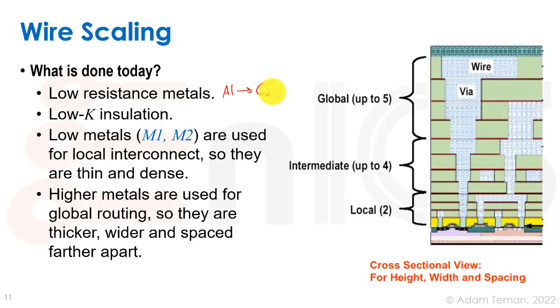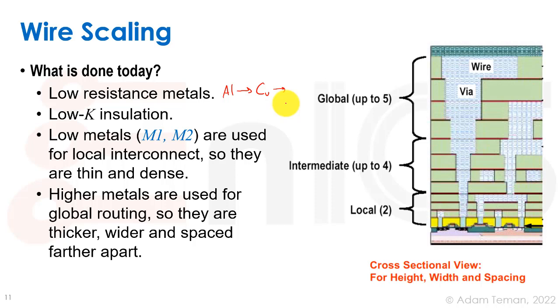Therefore, several other materials like cobalt and ruthenium have been used in recent processes to really realize low-level interconnects. And that is for sure the way to go. So low resistance materials is really something that has been done.